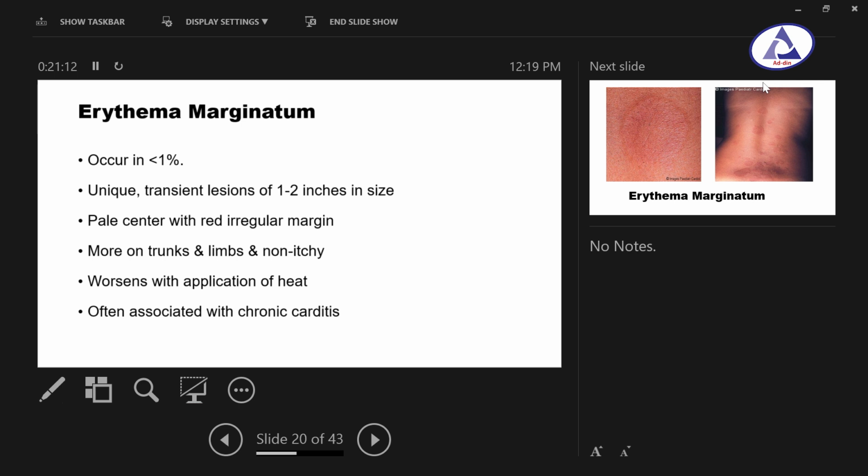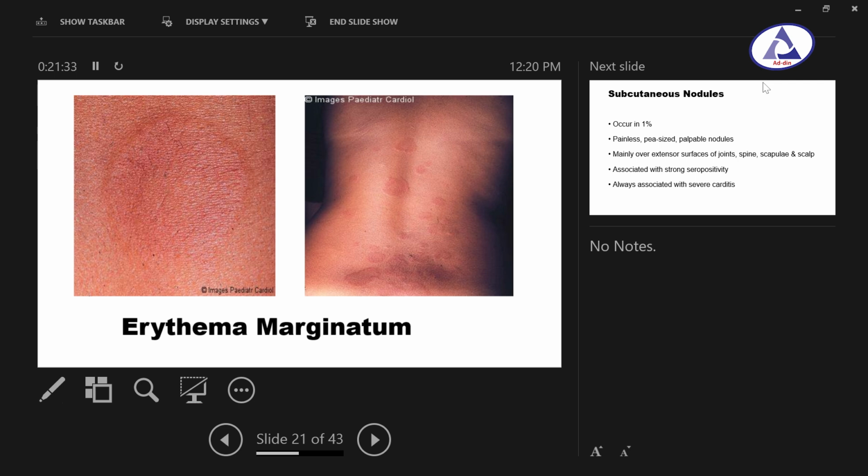We already showed you the picture. It is seen more on the trunk and limbs, is a non-itchy rash, worsens with the application of heat, and is often associated with chronic carditis. These are the pictures of erythema marginatum.